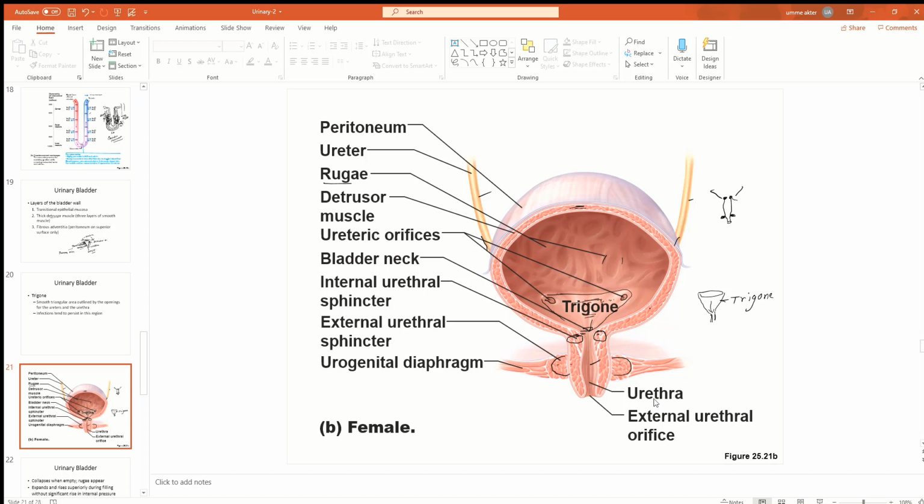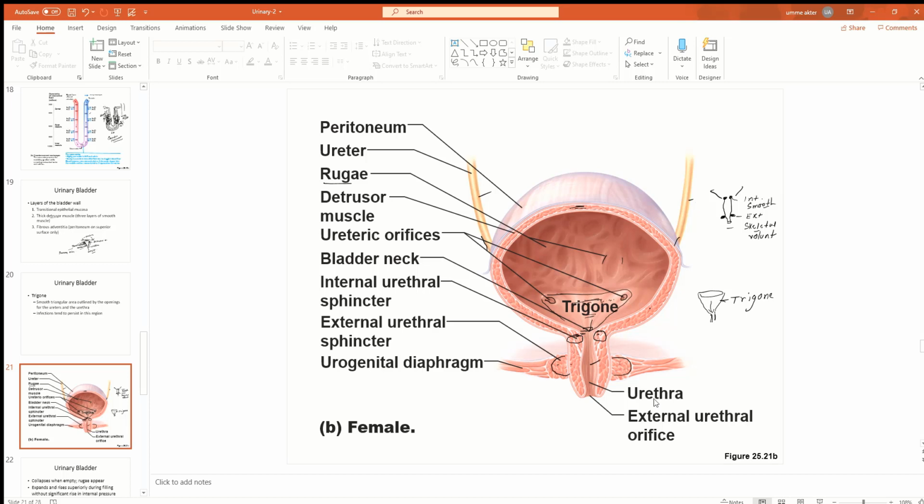So this is the internal sphincter, and this is the external sphincter, right? This is outside of the body. So this is the external sphincter. The external sphincter is skeletal muscle. Okay, and the internal sphincter is formed by smooth muscle. So skeletal muscle is voluntary, so this one is voluntary, right? We can control. This one is involuntary.